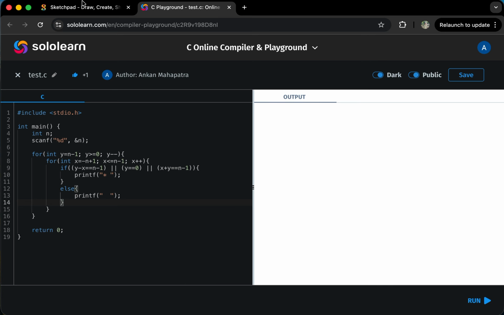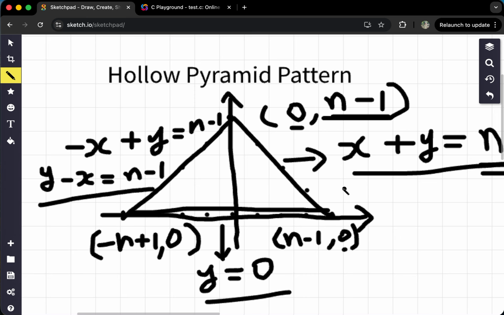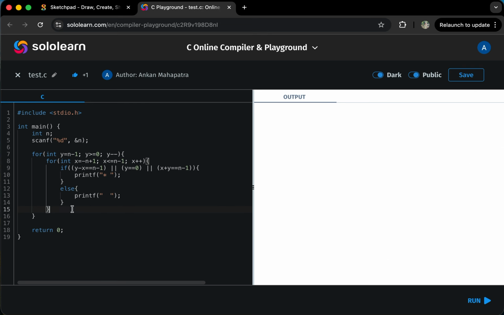So once we have iterated over all the points in a given row, we have to move to the next line. So for that, we will be printing a new line. So once we print the new line, we go to the next row and repeat the process.